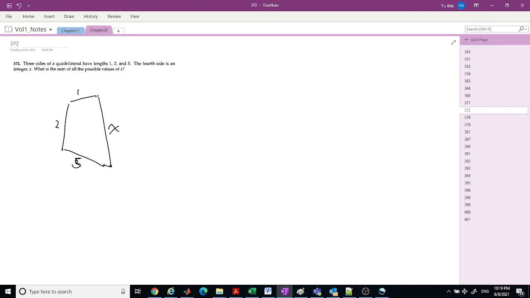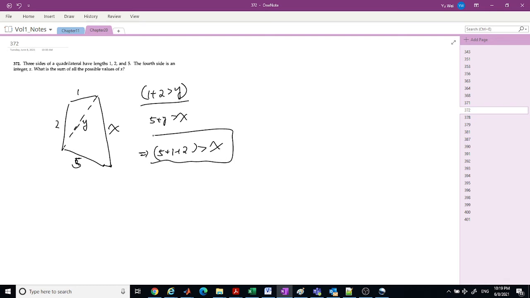So we know by the rule, 1 plus 2 should be greater than y, and 5 plus y should be greater than x. So that means 5 plus 1 plus 2 should be greater than x. And it works for any 3 sides.